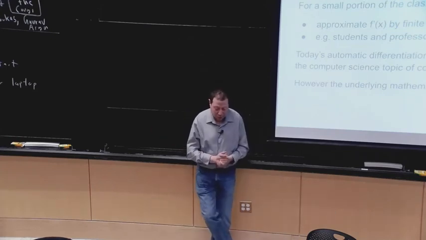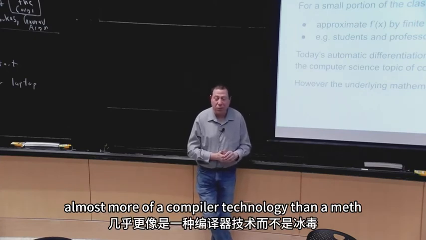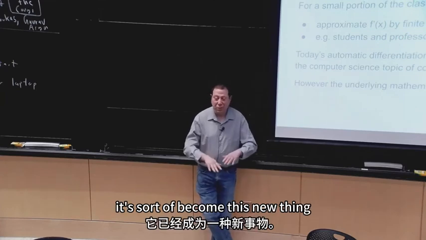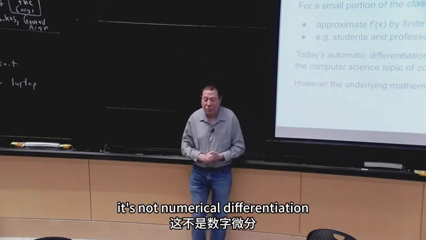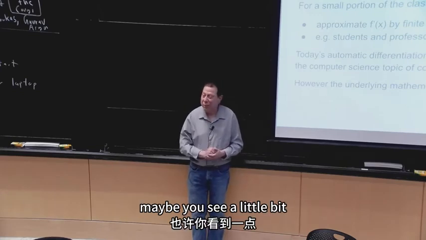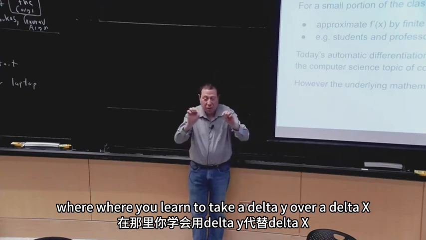And nowadays, automatic differentiation has become almost more of a compiler technology than a math course, right? It's sort of become this new thing. It's not numerical differentiation, like if you take a numerical analysis course, or maybe you see a little bit at the end of your calculus course where you learn to take a delta y over a delta x.